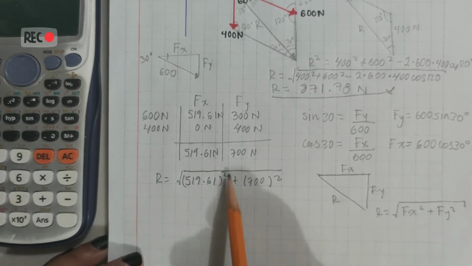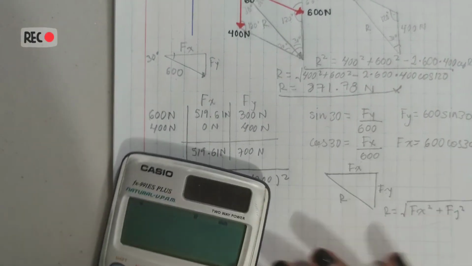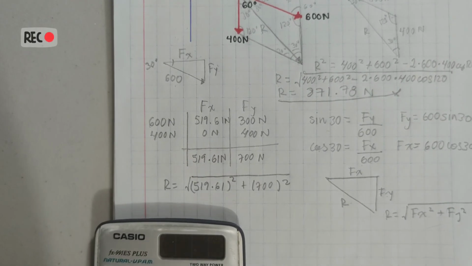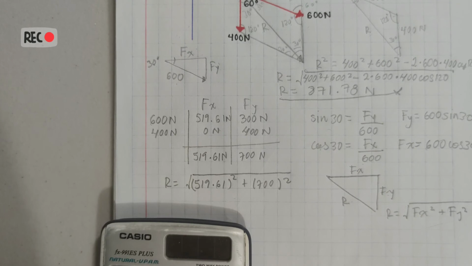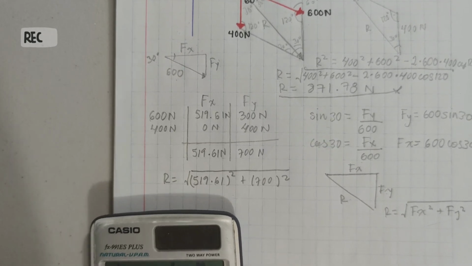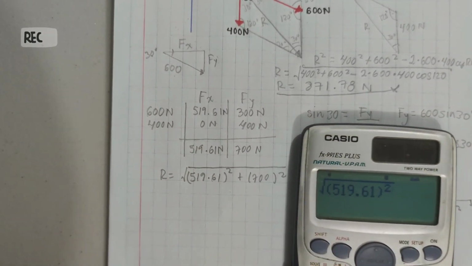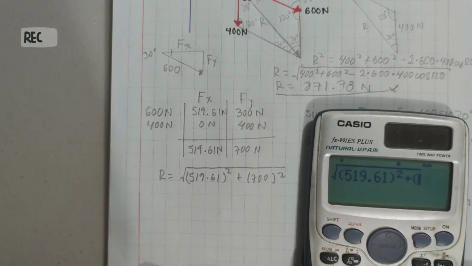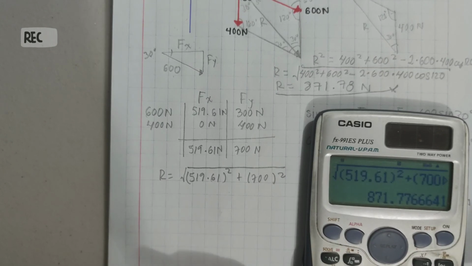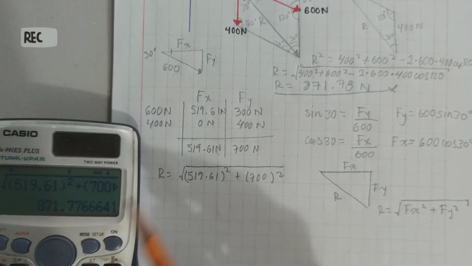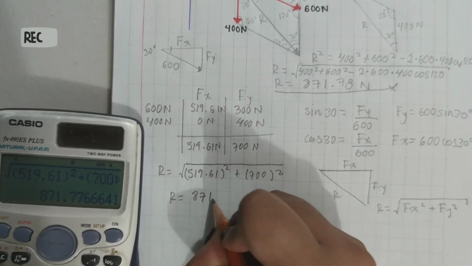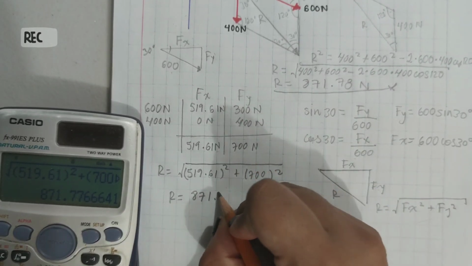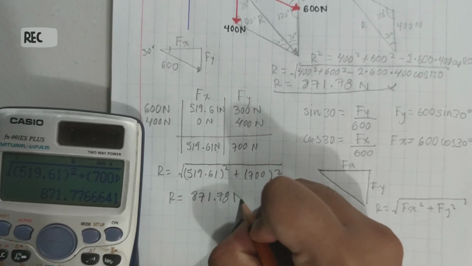So we do 519.61 squared plus 700 squared, and we know that the resultant force is equal to 871.78 newtons.